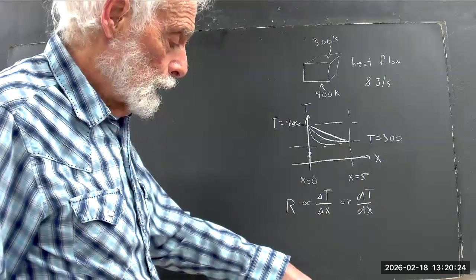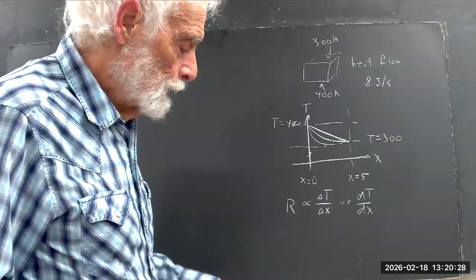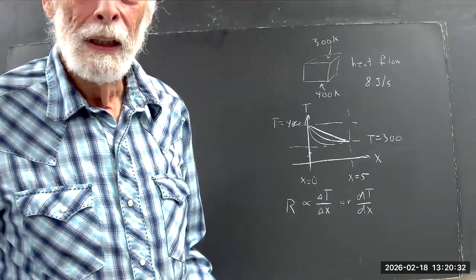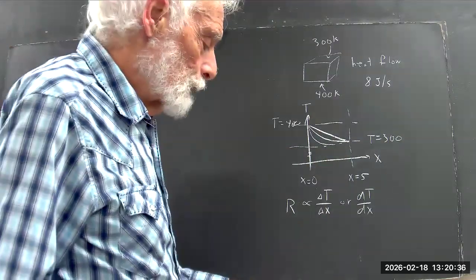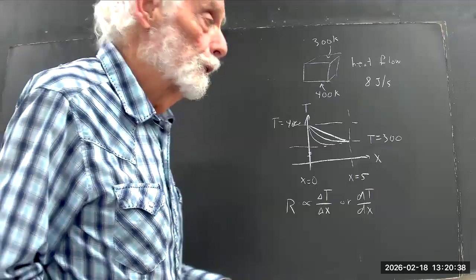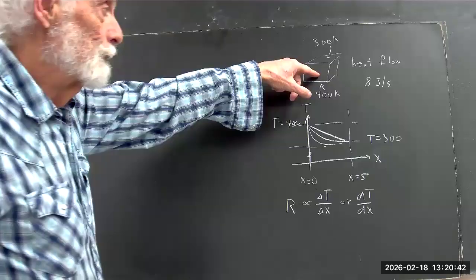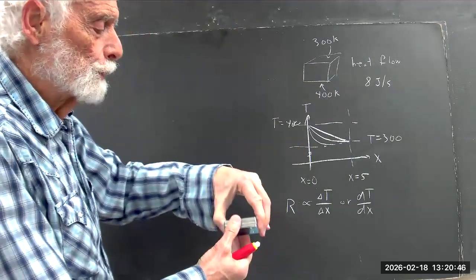So we've got this stack. And again, assume the bottom of the stack is at 400, top of the stack at 300. Okay, so that's what I've indicated here. This stack approaches just a continuous bar.